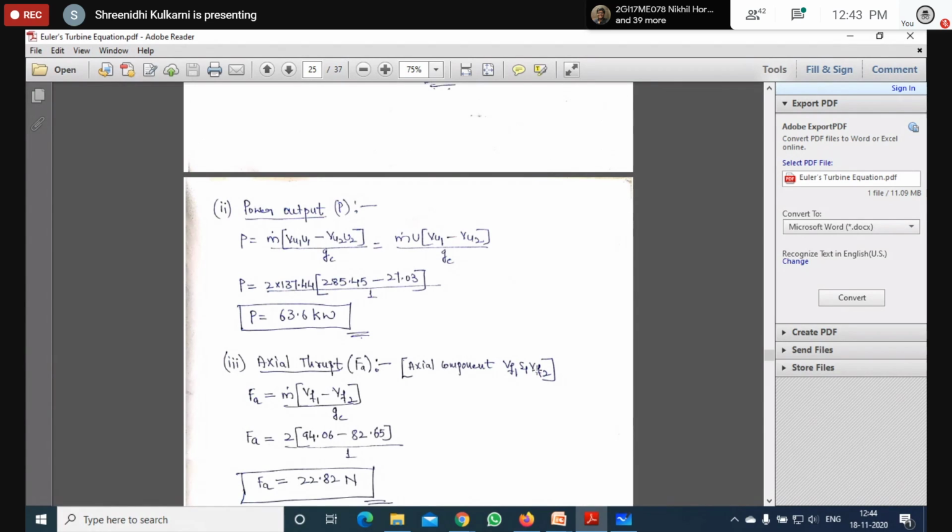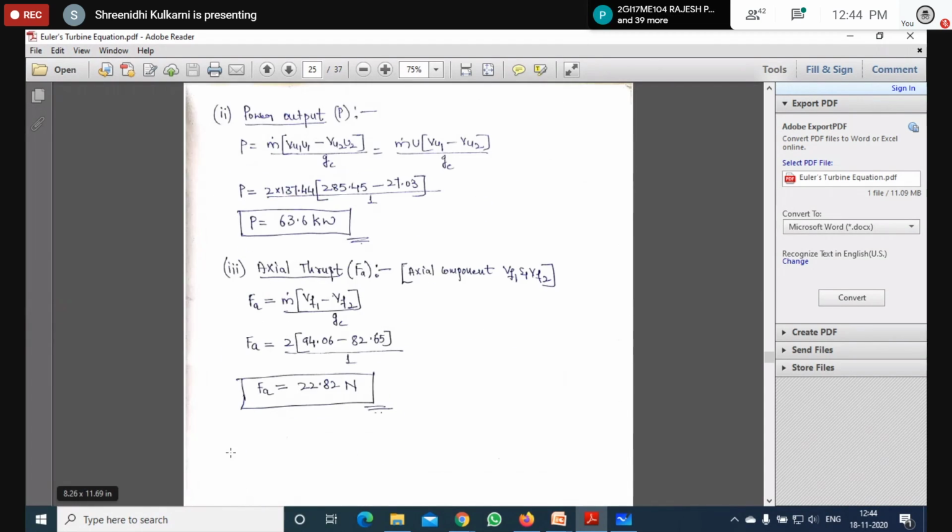While resolving the absolute velocity V1, we get two components. One is an axial component, another one is a radial component. So axial components are VF1 and VF2. The formula is Fa is equal to M into (VF1 minus VF2).